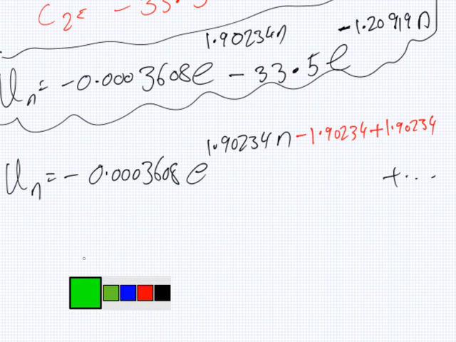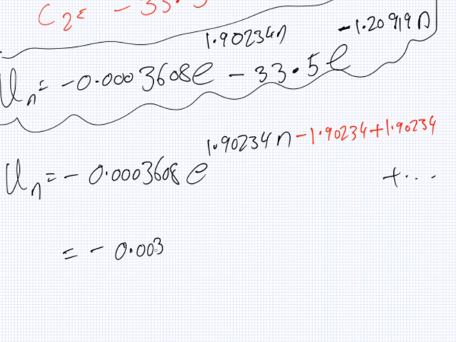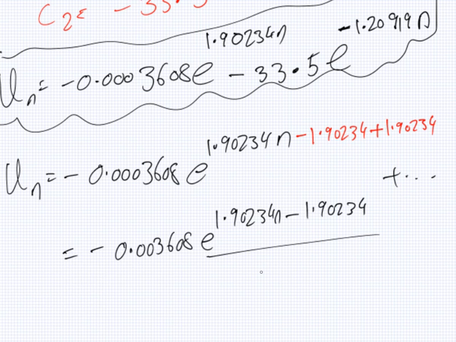Now you can see what's going to happen. This is 1.90234n minus 1.90234, times e power 1.90234, plus the other piece.